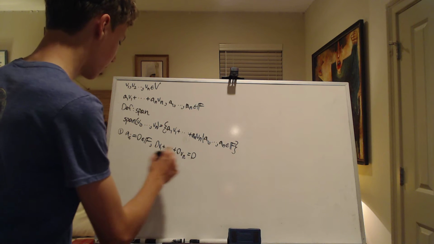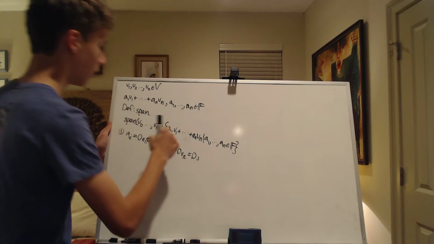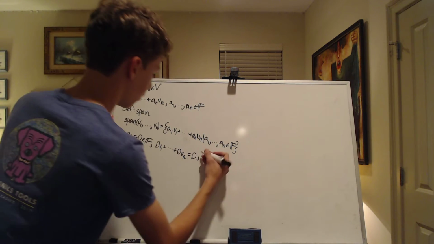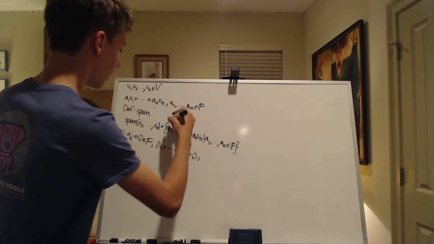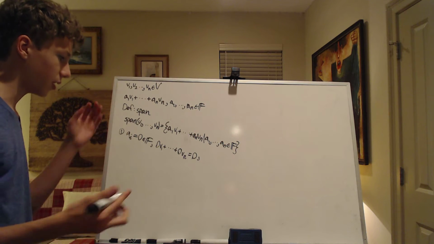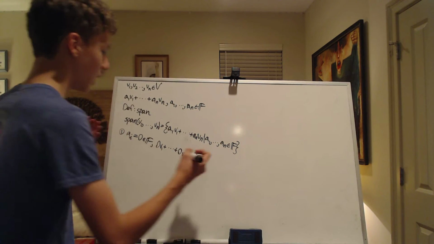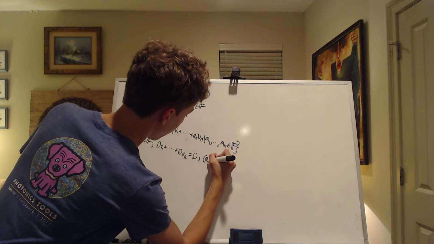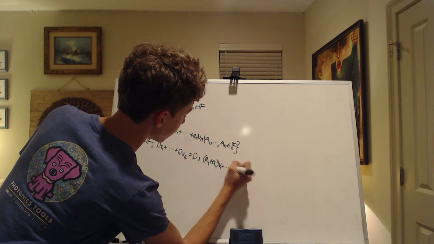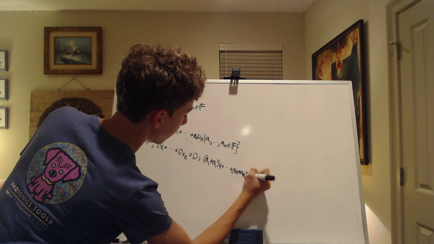Okay, let's see what else. Secondly, we have to show that if we sum two of these elements, it's another element in the set. Well, that's not too hard either. If we take another element, we can say a1 prime, etc. Then if we take the sum of those elements and regroup them, it's easy to show that we're going to have a1 plus a1 prime v1 plus dot dot dot an plus an prime vn.